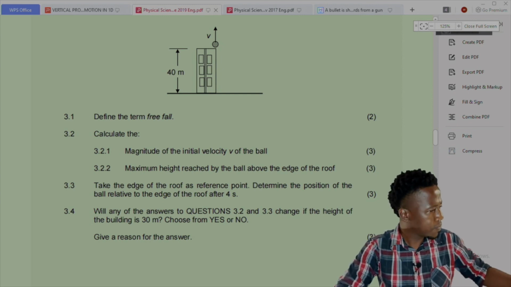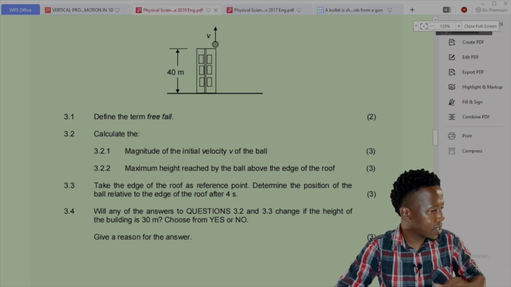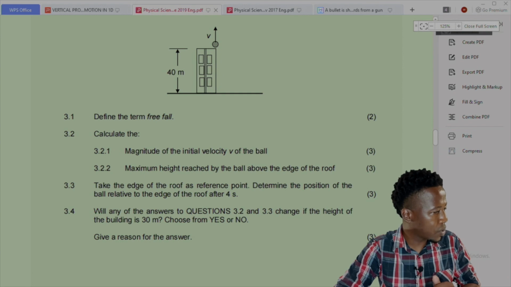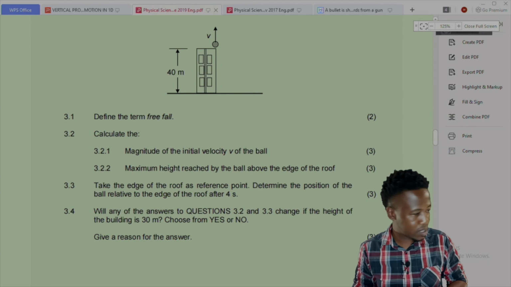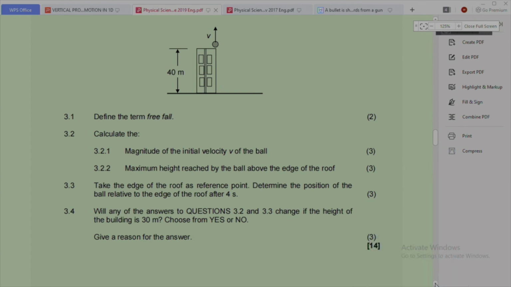Will any of the answers to question 3.2 and 3.3 change? Let me just read it. Will any of the answers to question 3.2 and 3.3 change? All right, let's look at that. Let's look at 3.3.